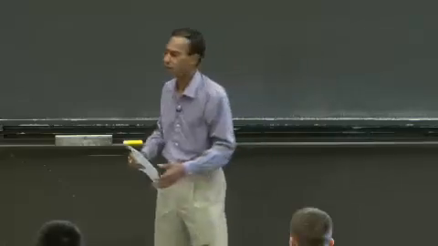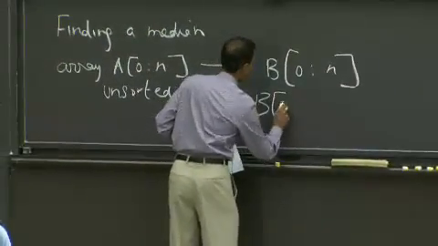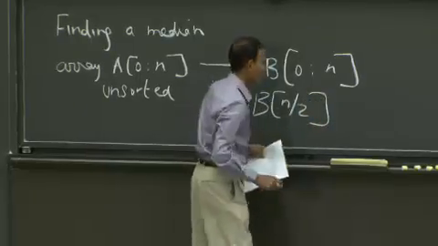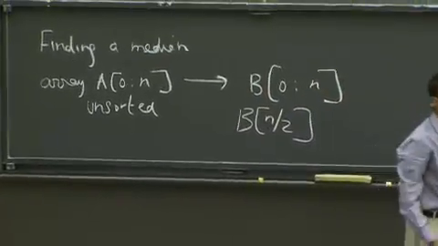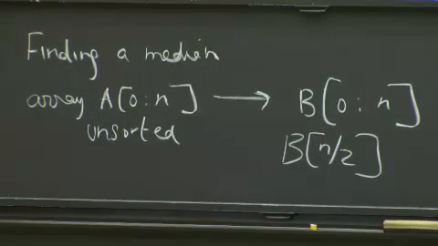Okay? And it's easy because all you have to do is to go look at, depending on whether n is odd or even, b of n over 2, right? That would give you the median, because you'd have a bunch of numbers that are less than that, and the equal set of numbers that are greater than that, which is the definition of median. All right?